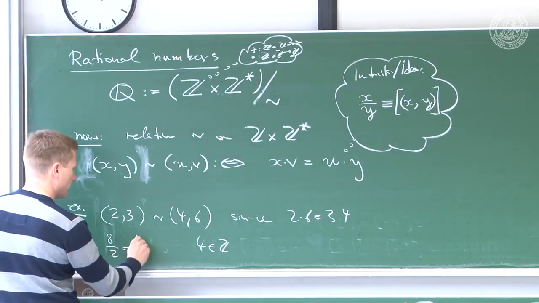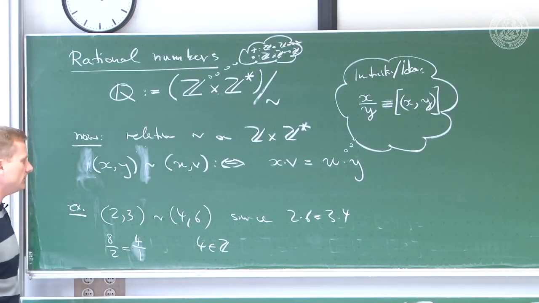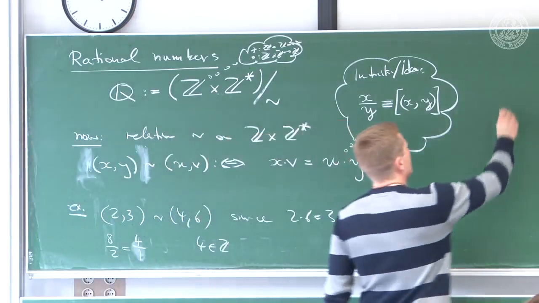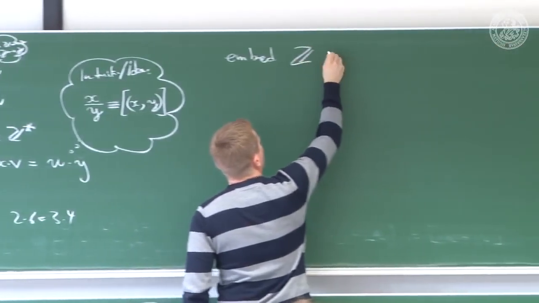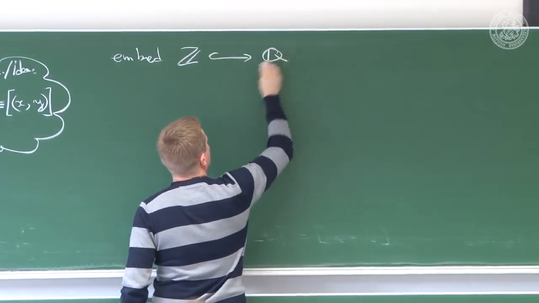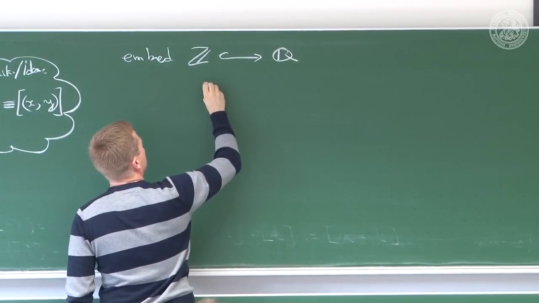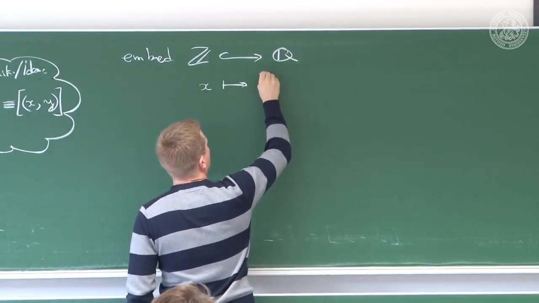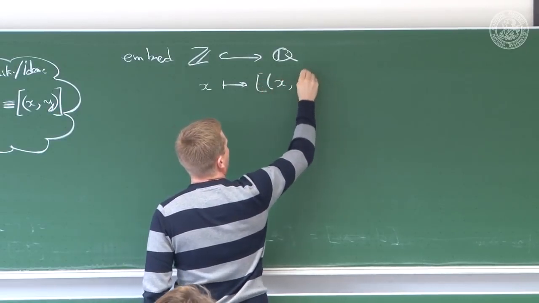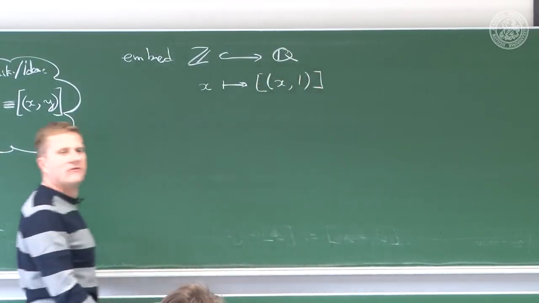Well, it's the same as the fraction 4 over 1. And if you wish, you can embed the integers into the rationals by saying an integer x is now being represented by x comma 1, by x over 1.